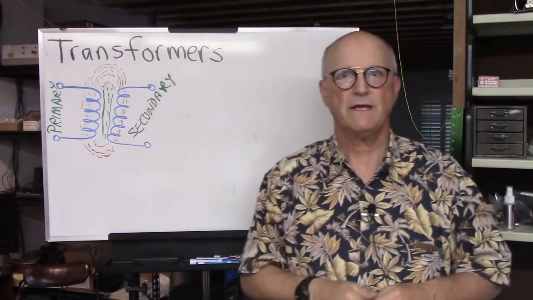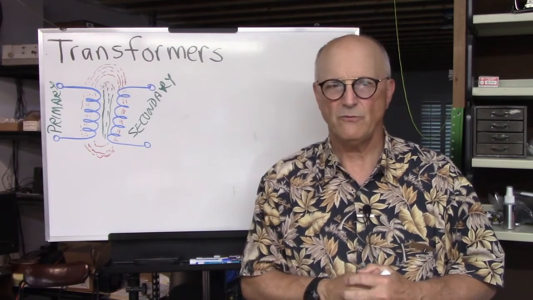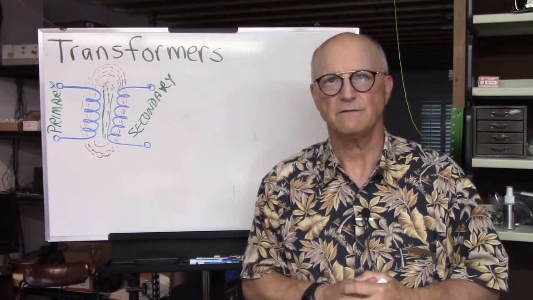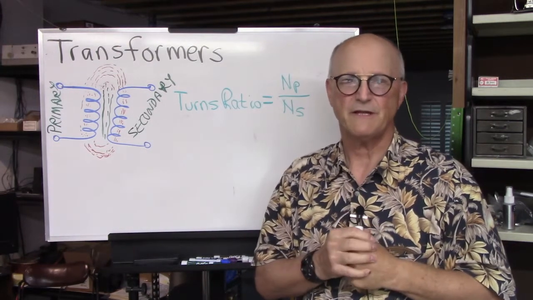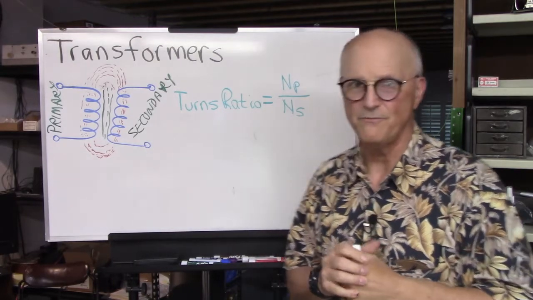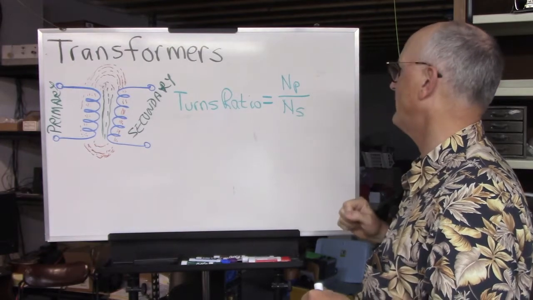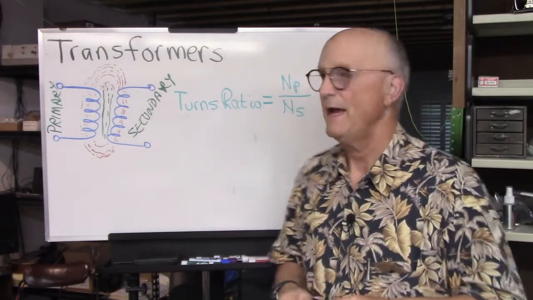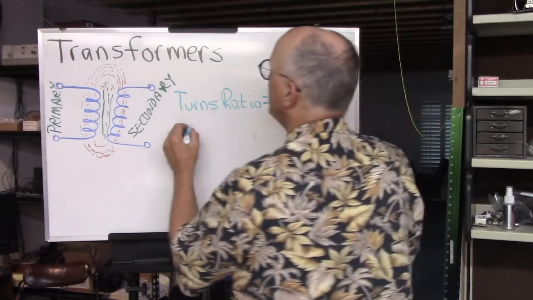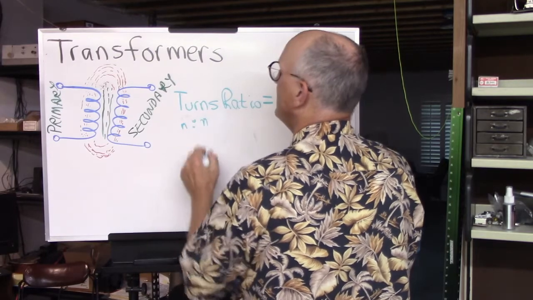Now, what kind of things do they use for describing transformers? Well, to begin with, there's the turns ratio. So sometimes transformers are specified in terms of their turns ratio. The turns ratio is equal to the number of turns in the primary divided by the number of turns in the secondary. It is often indicated by some number, colon, some number.